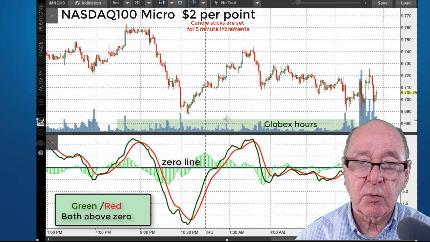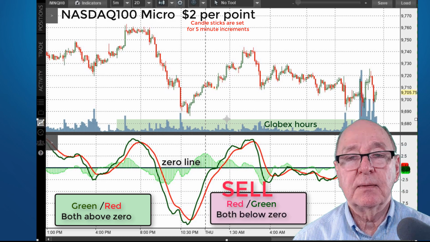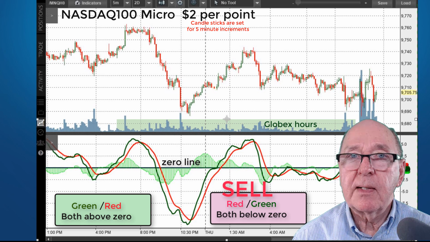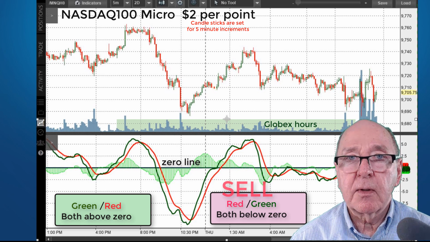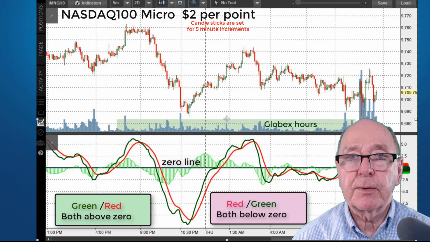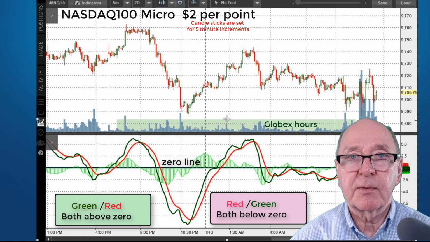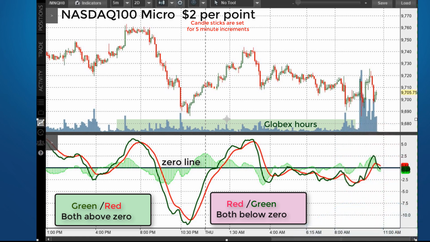And red over green, both below zero, that's a sell. These are only guidelines, and they're a little bit on the conservative side, but that's okay, because the first rule, remember, is preservation of your capital. The reason I keep saying that over and over is without that, you're not going to make it. Remember that, please.